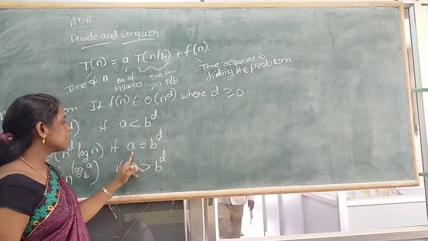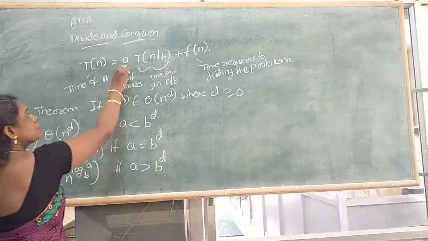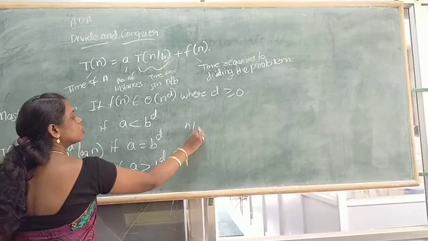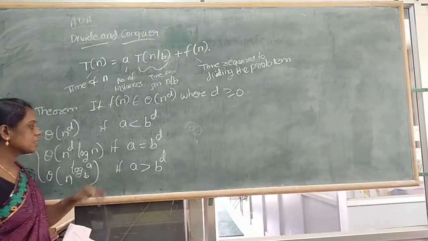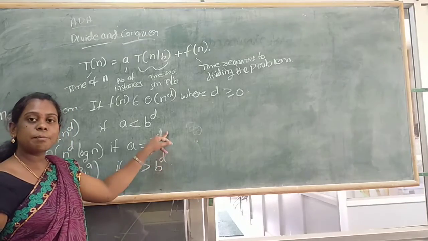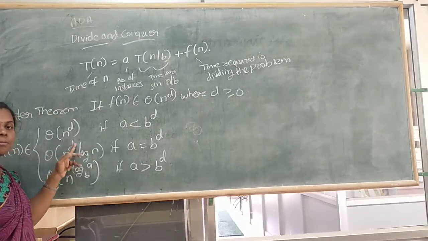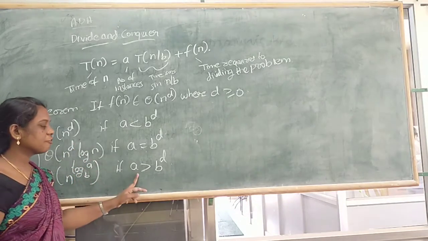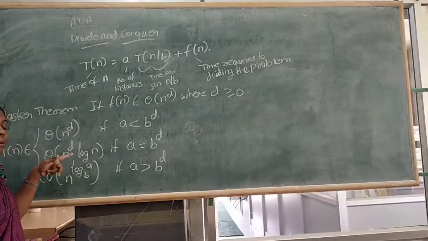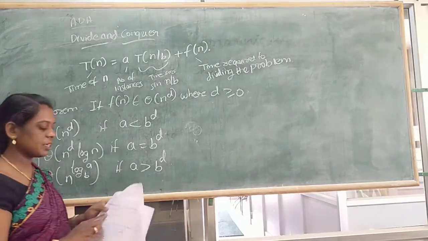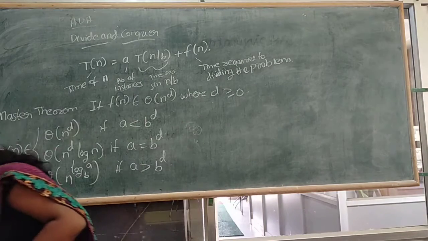If a equals b power d, where a is the number of instances and b is, for n/2, 2, then if you divide by 4 it is 4. Okay. If a is equal to b power d, the efficiency is theta of n power d log n. If a is greater than b power d, it is theta of n power log a base b. For example, consider one example.